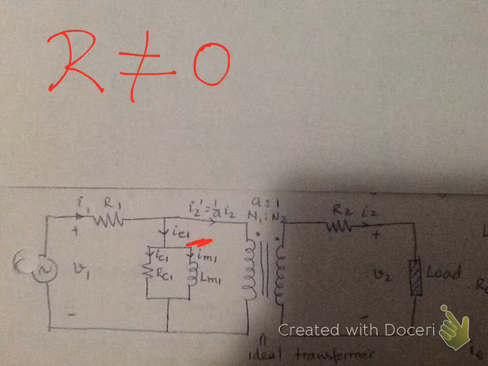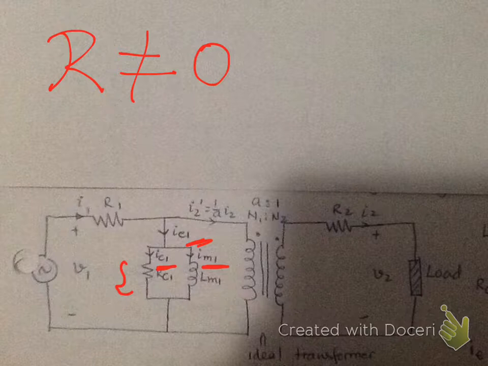It is made from two components. One represents the core loss, IC. The second represents the magnetizing current, IM. The core loss component represents the magnetic core loss, which is the hysteresis and eddy current loss, and it is represented by the shunt resistance RC.